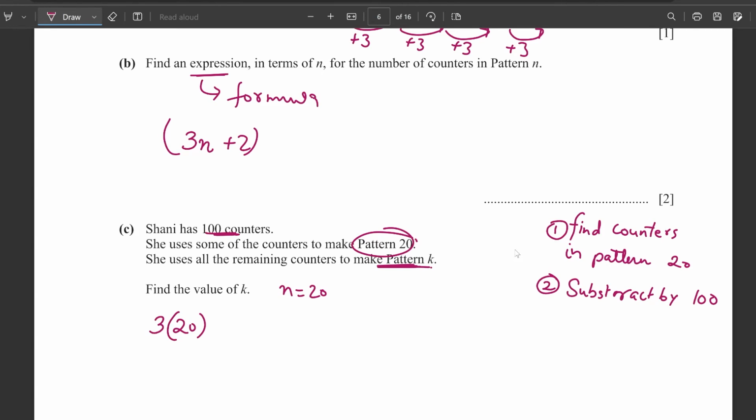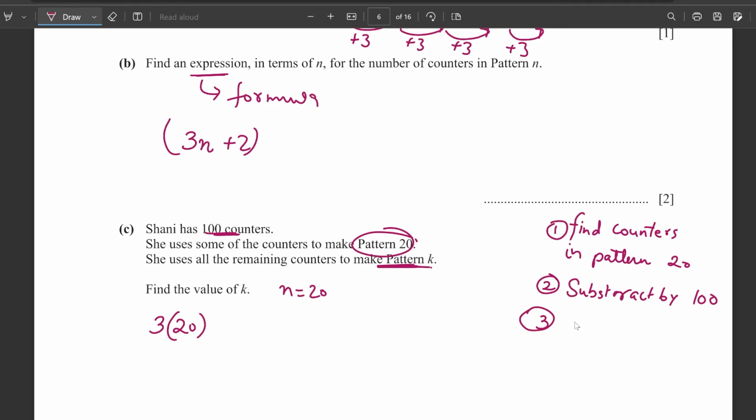Remember this: you find the counters in the 20th pattern, subtract it from 100, and then you use the remaining counters to find out what pattern it is.